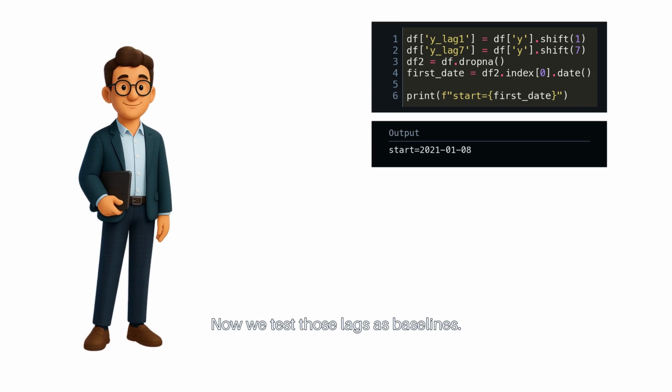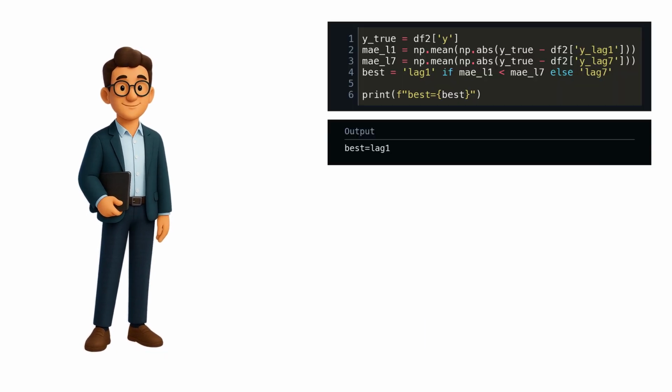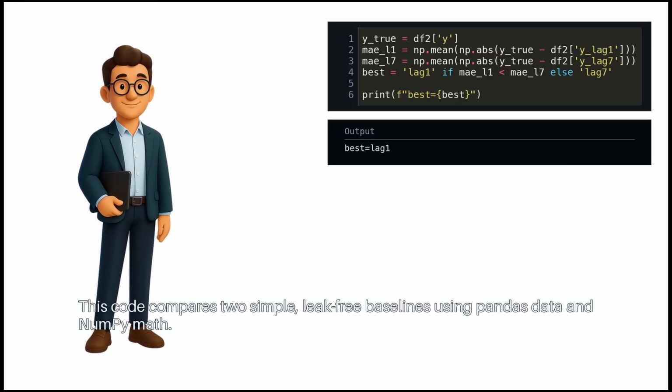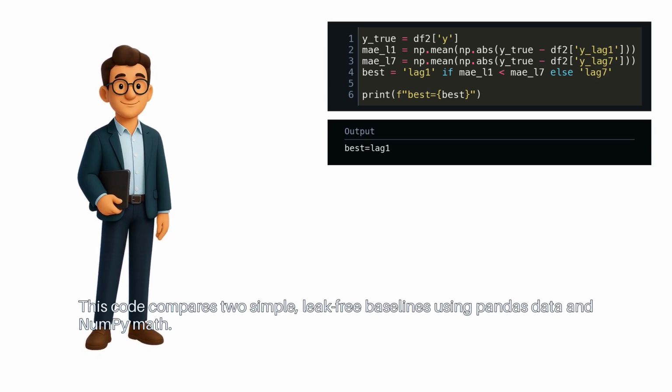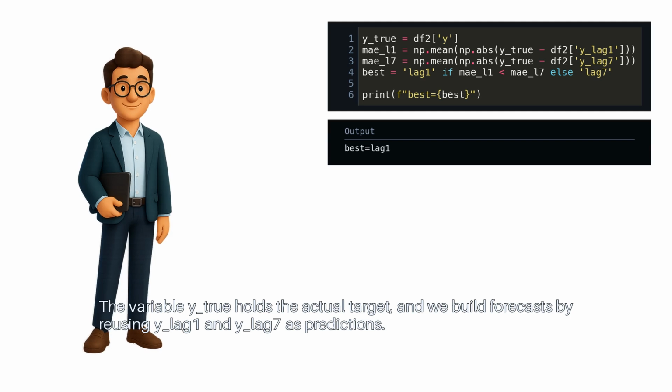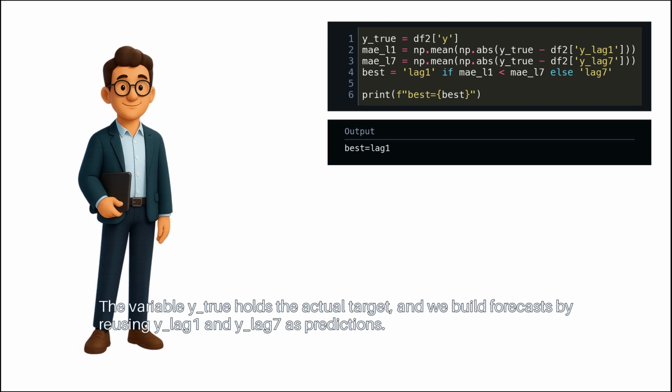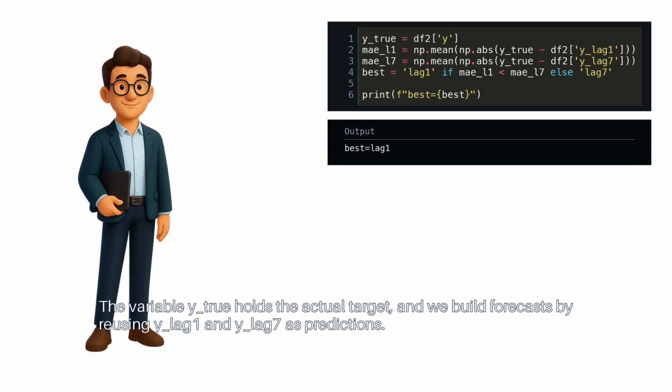Now we test those lags as baselines. This code compares 2 simple leak-free baselines using pandas data and NumPy math. The variable yTrue holds the actual target, and we build forecasts by reusing yLag1 and yLag7 as predictions.